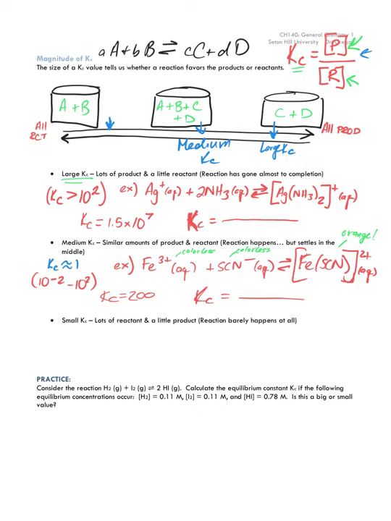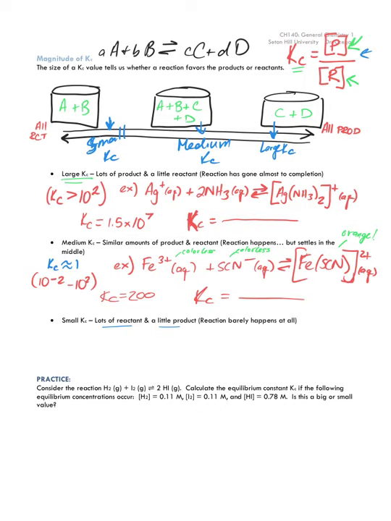Finally, we are on small Kc values. A small Kc would have a lot of reactant and a little product. What this means is that the reaction really didn't happen much at all, right? We start with reactants, we make product, but if we barely make any product, then the reaction barely happened. So we would be somewhere over here on our reaction range.